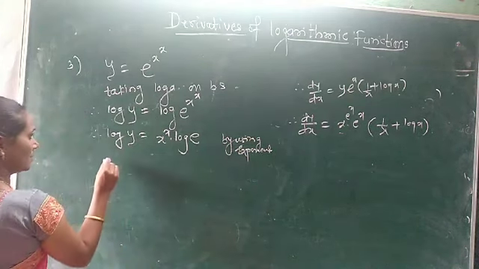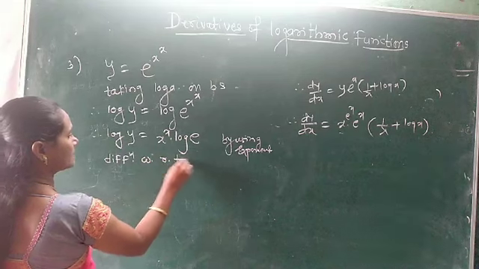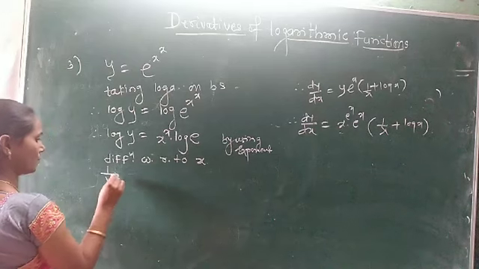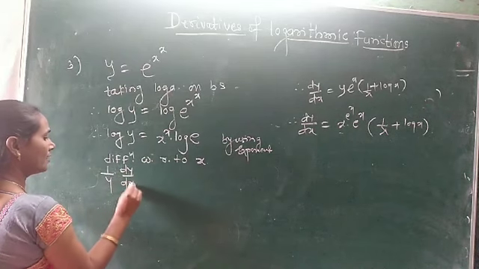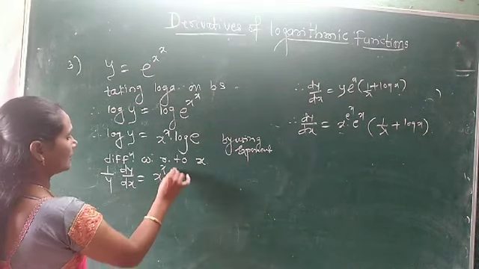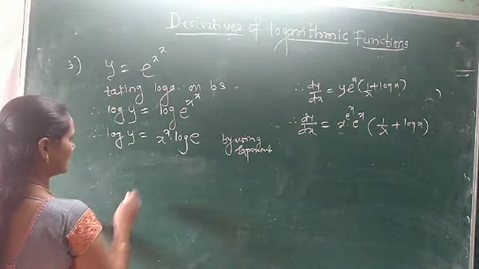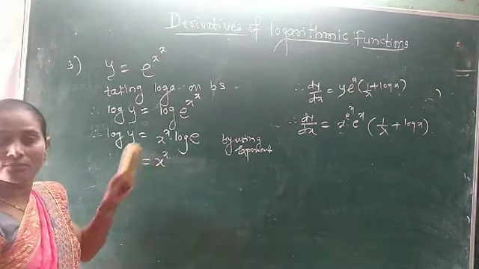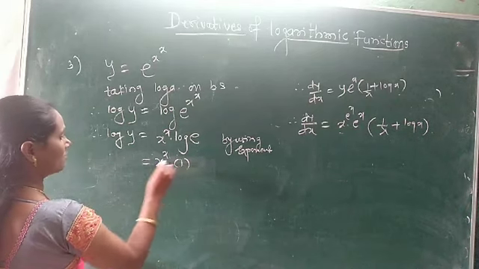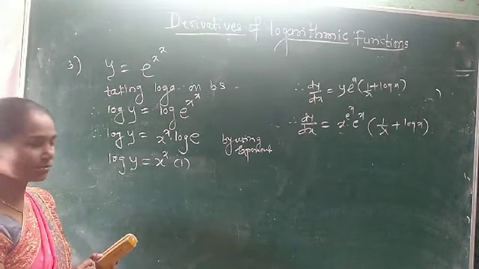Now, differentiate with respect to x. So again, derivative of log y is 1 upon y into derivative of y, dy upon dx. Now this x raised to x as it is into log e, but here we first simplify this term, x raised to x, and the value of log e is equal to 1. We know that. We see the value of log e is always 1. Therefore, log y is equal to only x raised to x.